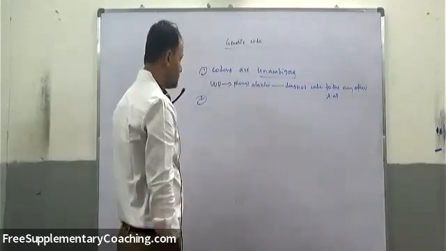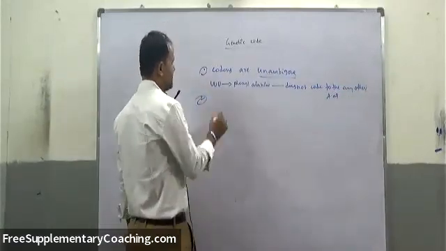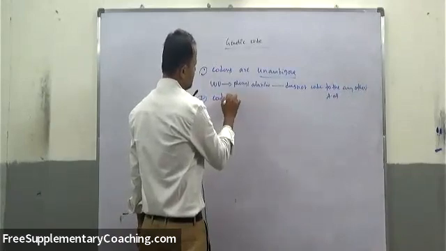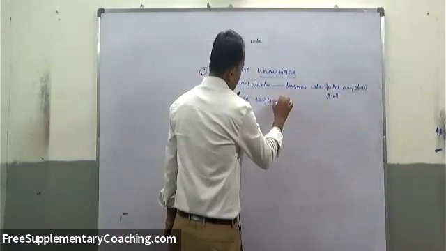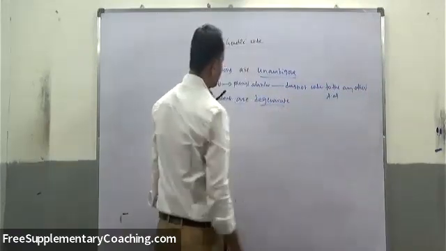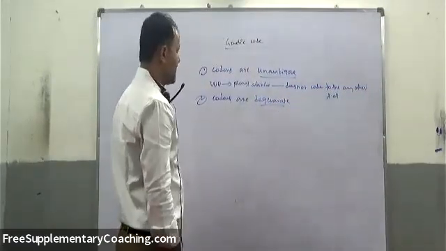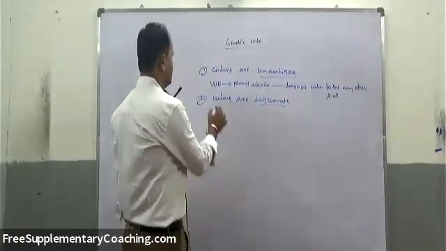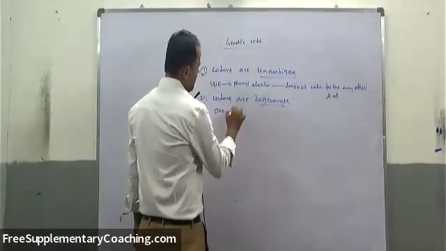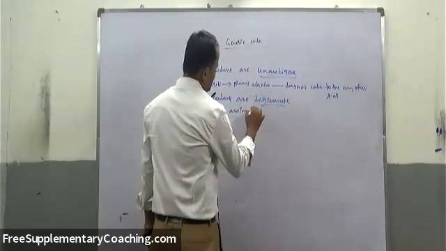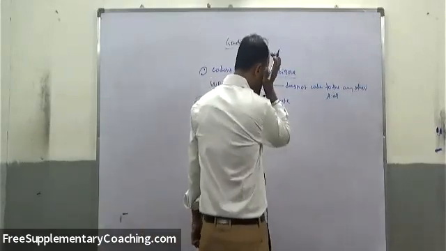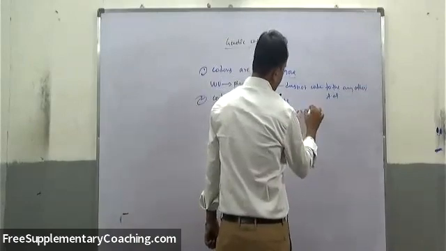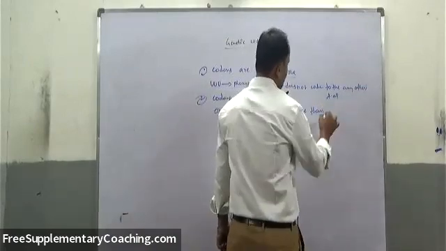The next one, codons are degenerate. Second feature is codons are degenerate. This means one amino acid is coded by more than one codon.